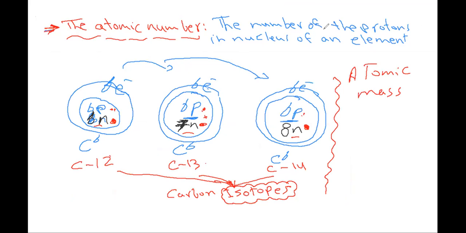You can write the atomic mass at the end of the page, it's okay. The atomic mass is the number of protons plus the number of neutrons.